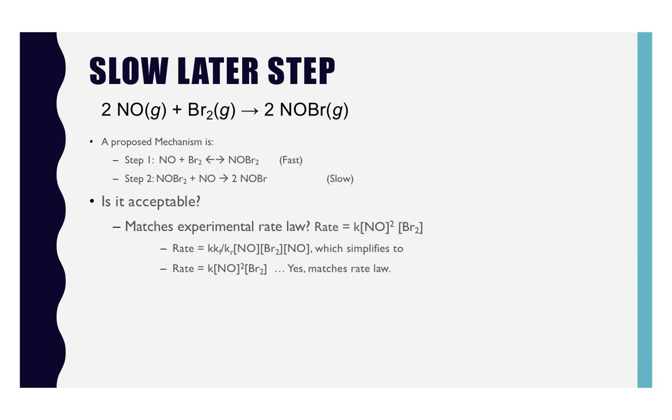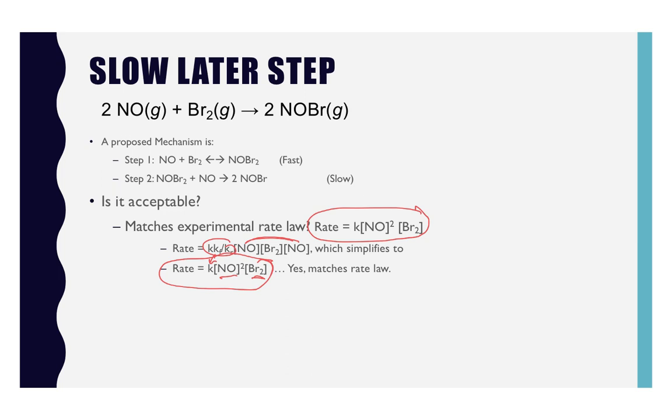So again, this all turns into a new constant times NO squared and Br2. So is it acceptable? Well, the experimental rate law that they determined was k times NO squared times Br2. Once I substitute in and simplify, that's exactly what I get.